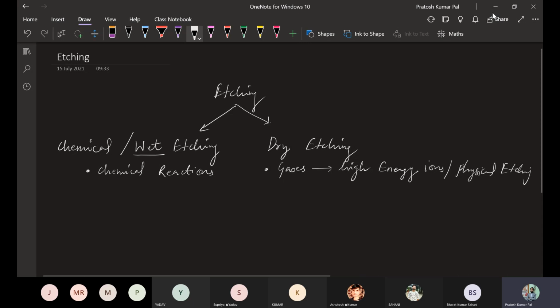In that gaseous environment, the high energy ions will remove the waste materials, similar to physically removing a particular selected portion of the substrate. So that is considered dry etching. There are some advantages and disadvantages of these two types of etching. First we will move with the chemical etching, or the wet etching.